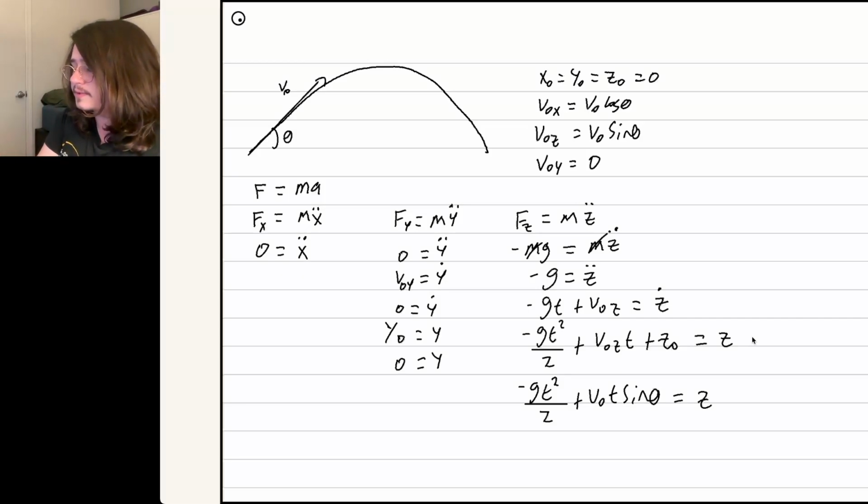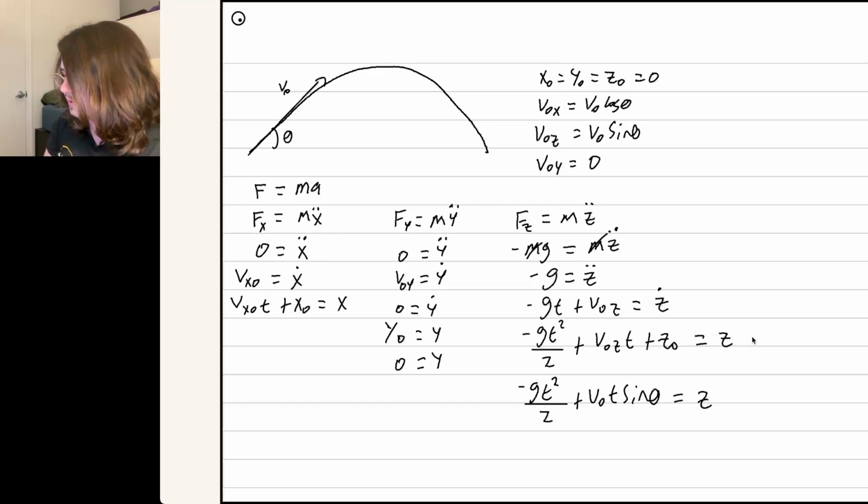For x, you'll have a v x naught is equal to x dot, and v x naught times t plus x naught is equal to x, but x naught is 0. v x naught is v naught cosine theta, so v naught t cosine theta is equal to x.